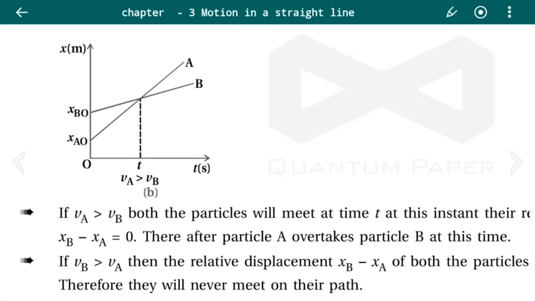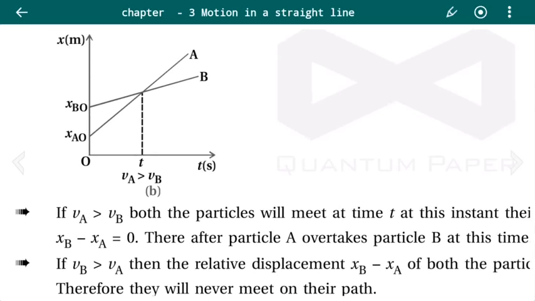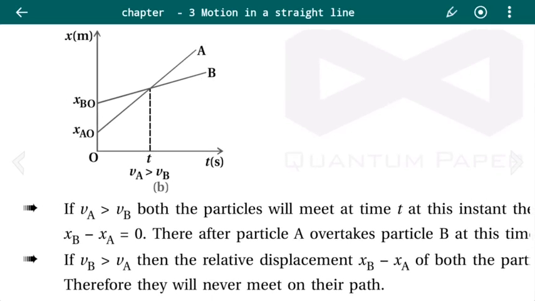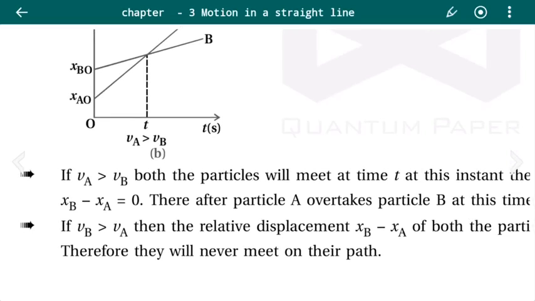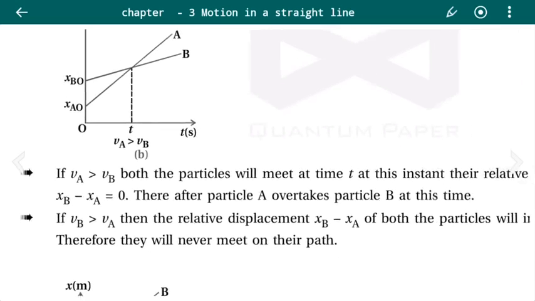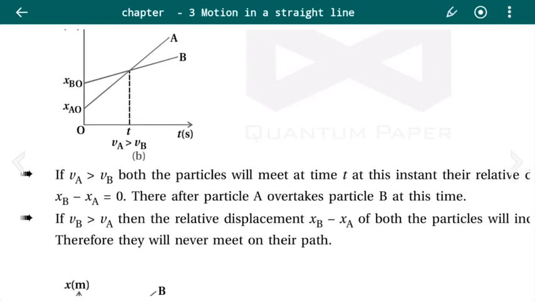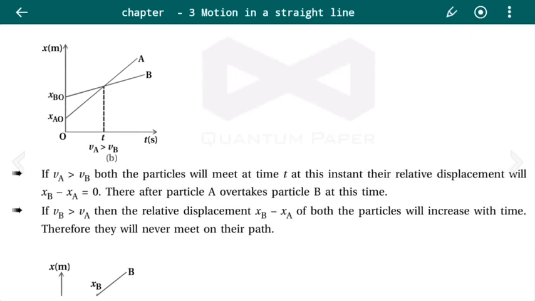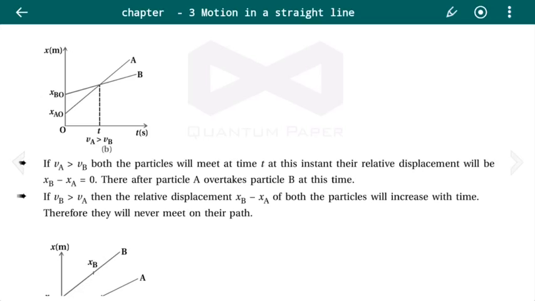Here the position of A at t equals to 0 is xao, and the position of B at t equals to 0 is xbo. If va is greater than vb, both the particles will meet at time t. At this instant, their relative displacement will be xb minus xa equals to 0.